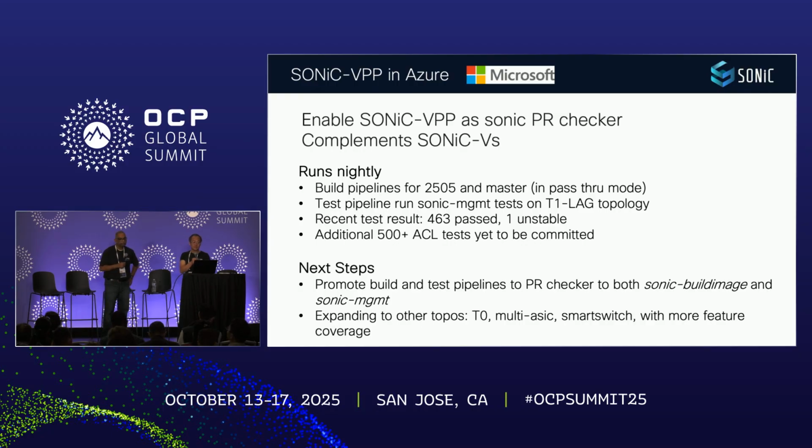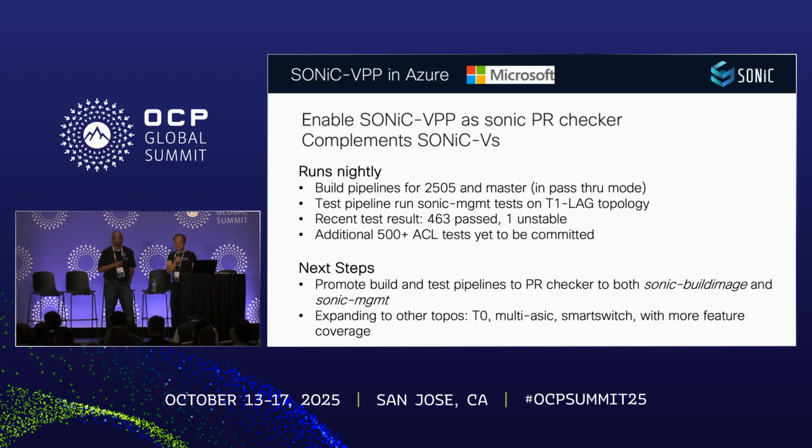But right now, SONiC-VPP is run as nightly, not as a PR checker. We have created build pipelines to build a SONiC-VPP platform for 2505 and the master branch. And we also created test pipelines, CI/CD pipelines, to run the T1 lag SonicMgmt test.